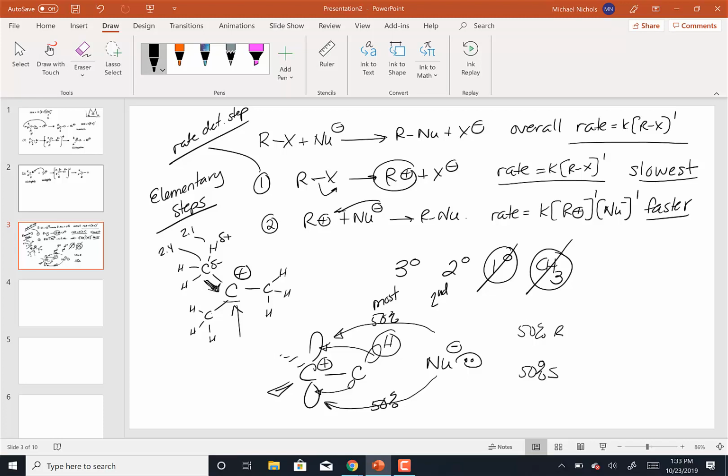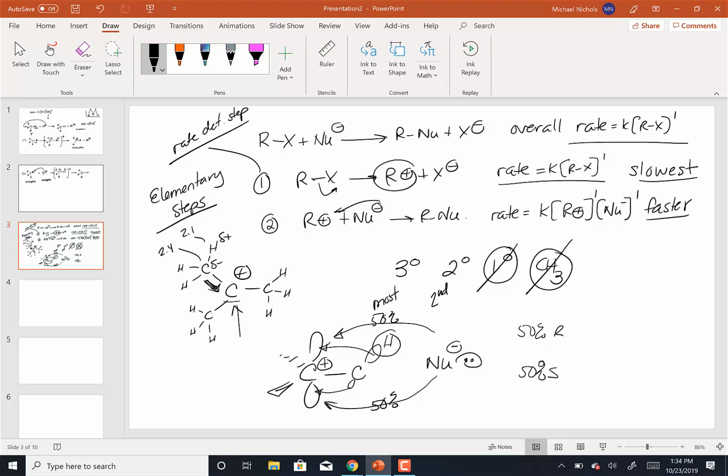Which means that you do the experiment, you start with a chiral molecule, you measure its rotation, you do the reaction, you get 50-50, they cancel, and you get no rotation. And so you say, I got no rotation, therefore I have a racemic mixture. And then somebody says, show me evidence that you actually have R and S there. So then you have to show them R and S, which has been done.